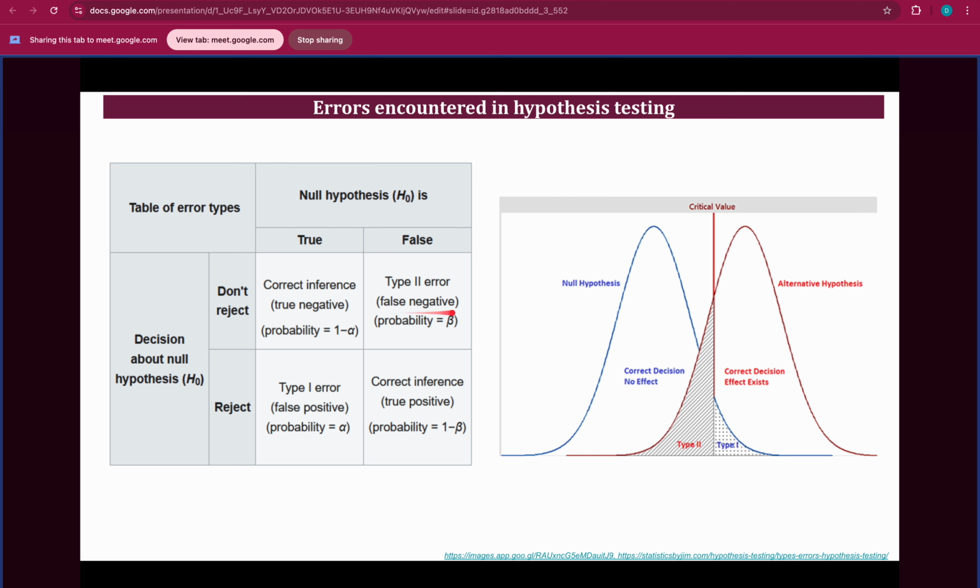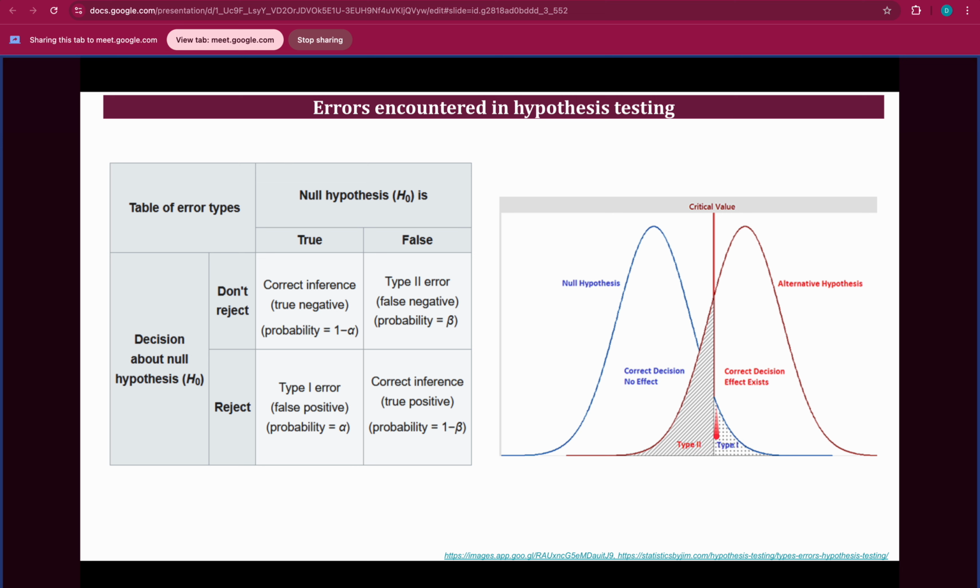These terms, true negative and false negative, are talked about in terms of the alternate hypothesis. False negative means that you do not reject the null hypothesis but the null hypothesis is false, so it is a false negative. This will lead to my type 2 error.